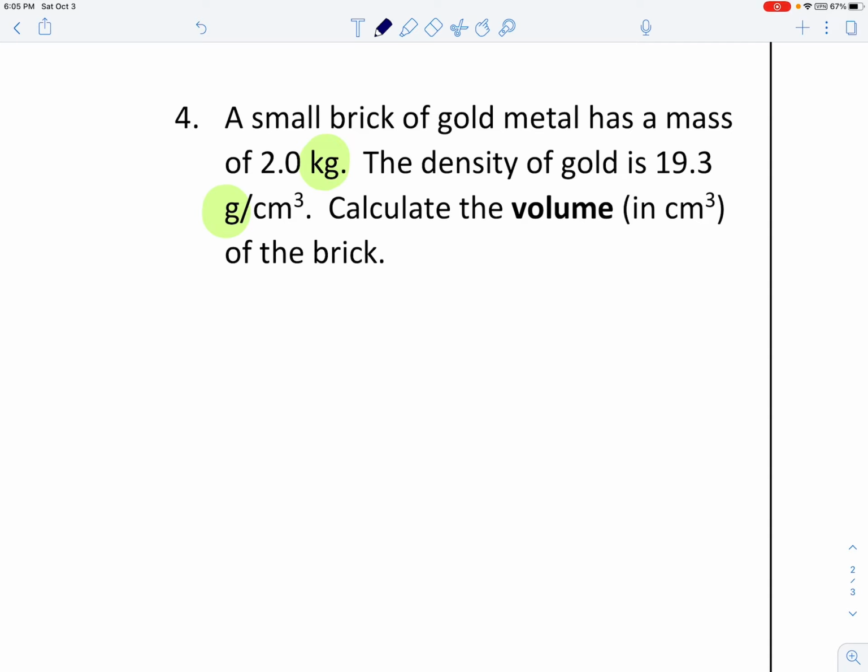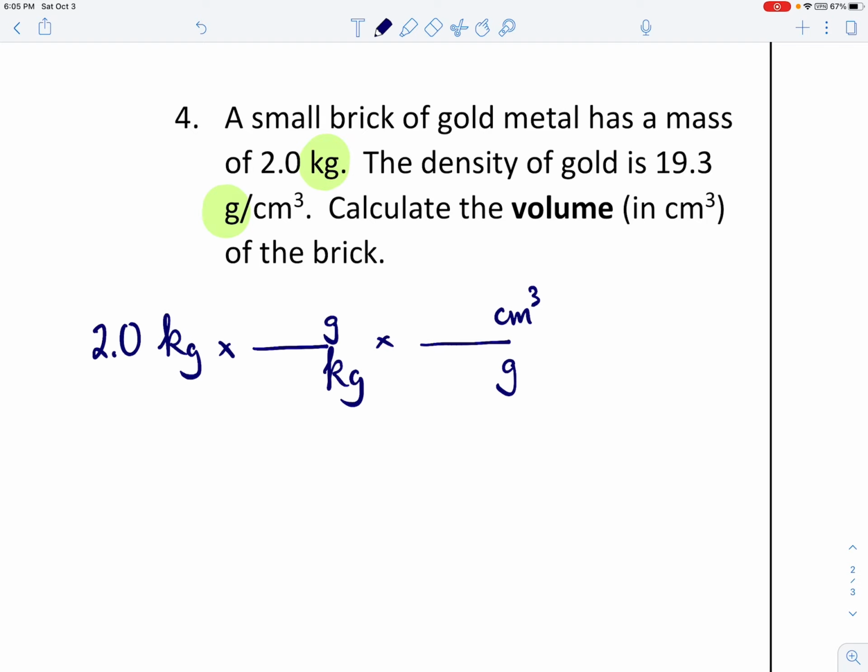So given the mass, we're also given the density. That means we're going to use a unit multiplier. So we take our mass, 2.0 kilograms, we convert the kilograms to grams, and then we use the density to get rid of the grams and convert to cubic centimeters.